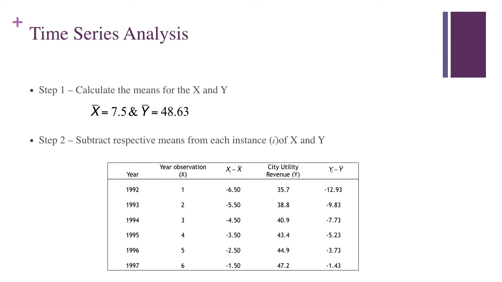Now the next step is to subtract the respective means from each instance, or i in parentheses, of X and Y. You'll notice on my little table here, I have X sub i minus the mean of X, and Y sub i minus the mean of Y. That means I need to take each instance of X and each instance of Y and subtract the mean from them respectively.